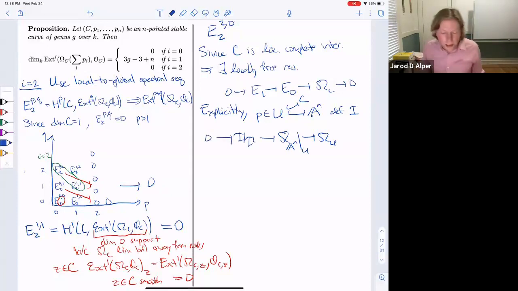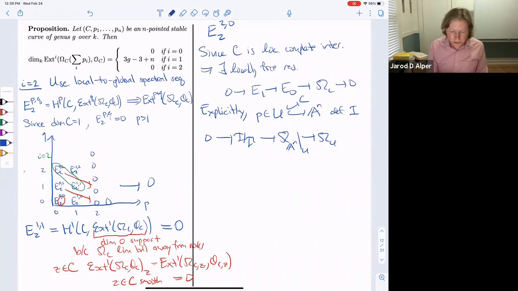Or if you prefer, you can even do this calculation formally locally, and then you can use the fact that we know exactly what the formal local ring is at a node, and you can just compute the relative sheaf of differentials of that complete local ring, and you see that there's a two-term resolution.